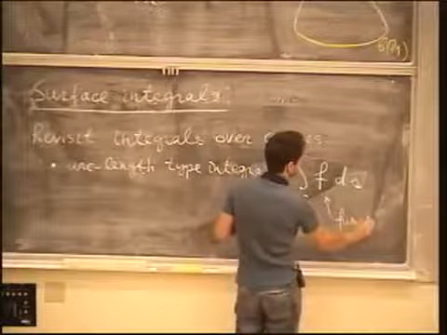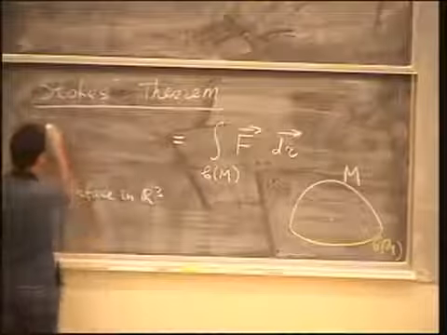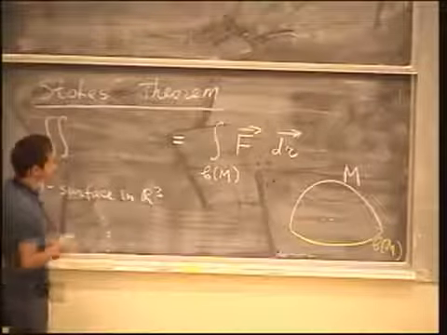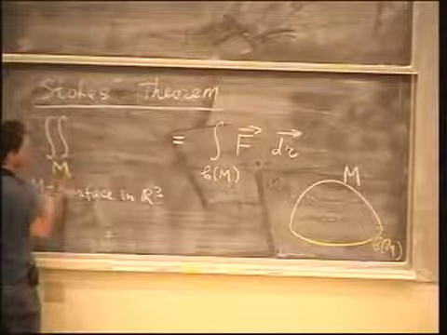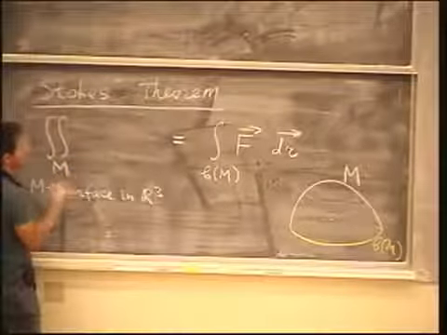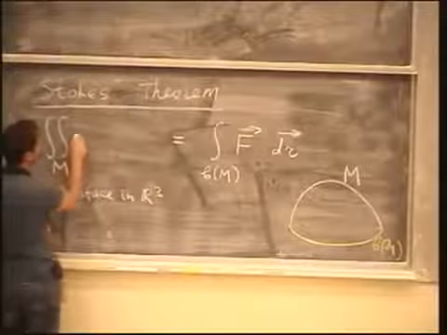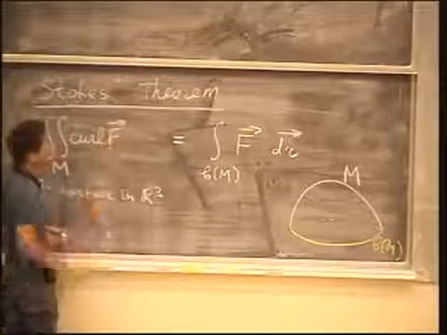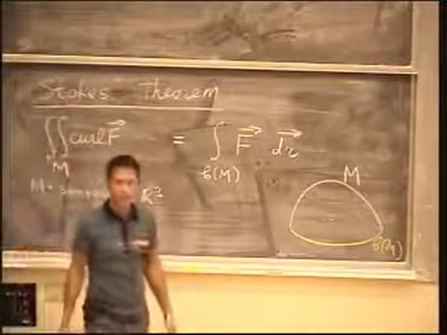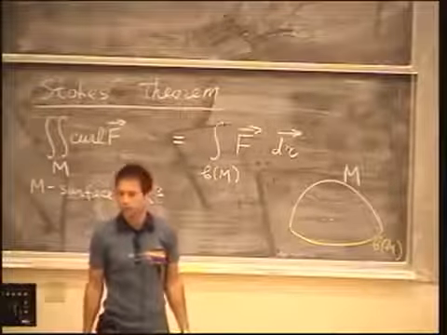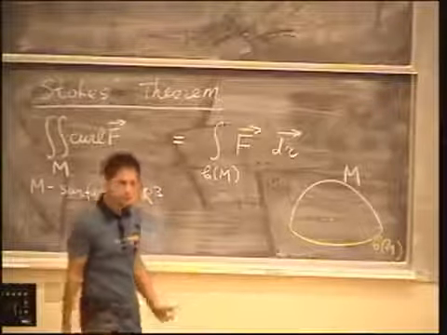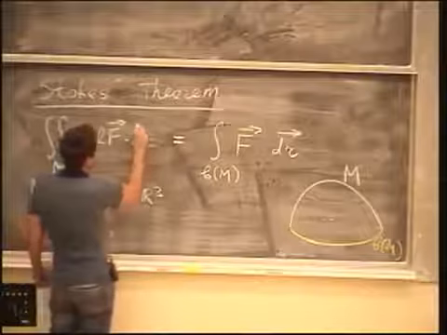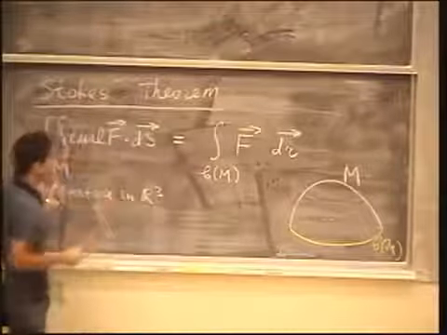What it means. And the left-hand side is going to involve a double integral over m itself. And now we can say the integral of what? It's going to be the integral of what we learned last time, the curl of f. So if you have a vector field f, you can define a new vector field which we call curl of f. This has already been defined. And now we have to learn how to integrate vector fields over surfaces.